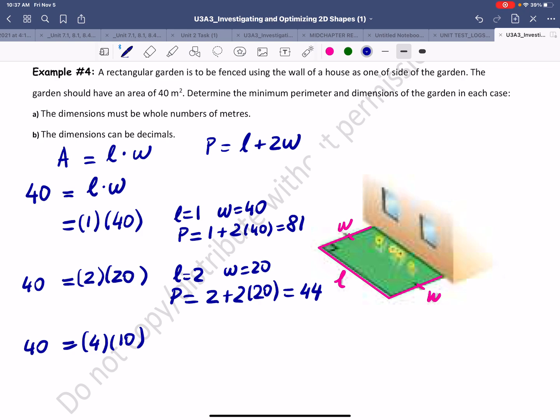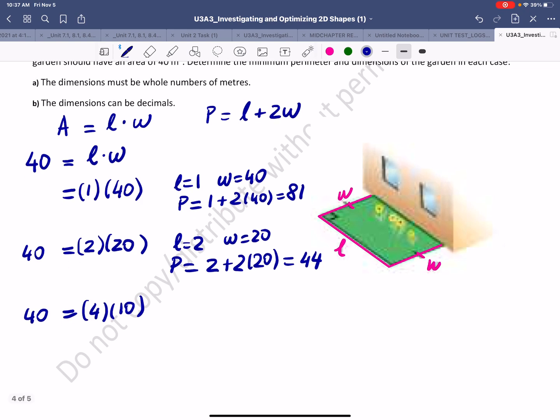So the next two factors that multiply to 40 and are whole number factors is the pair 4 and 10. So that means length is 4 and width is 10. So that will make the perimeter 4 plus twice 10, and that will be 24.